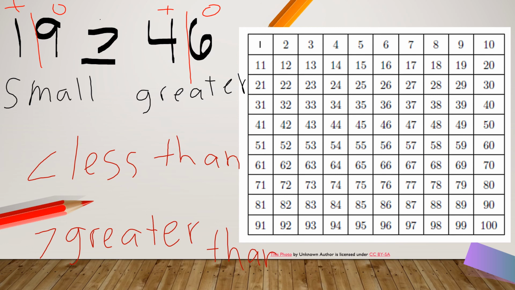So no, it will not be 19 is greater than. So I will take the sign off and put the other sign. Can we say that 19 is less than 46? Yes, we could say that 19 is less than 46 because 19 is smaller than 46. And remember, the sign is always facing the greater number.